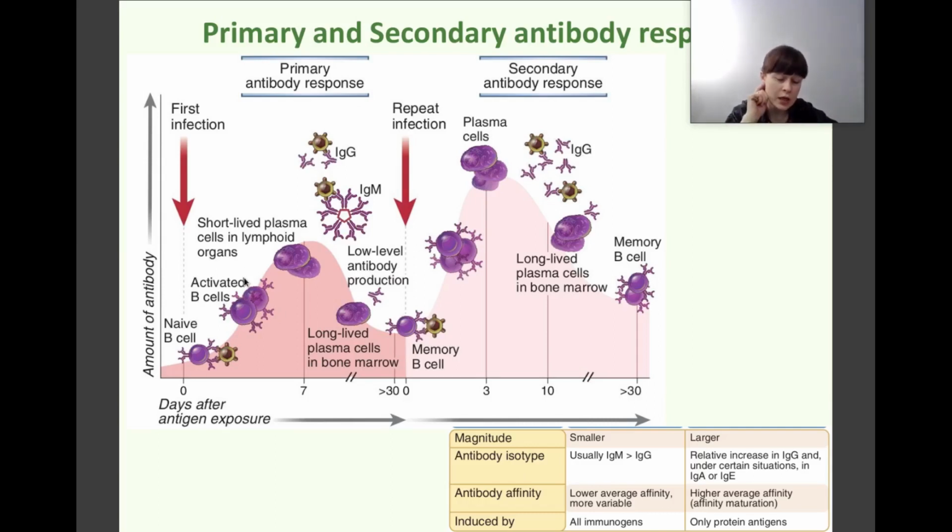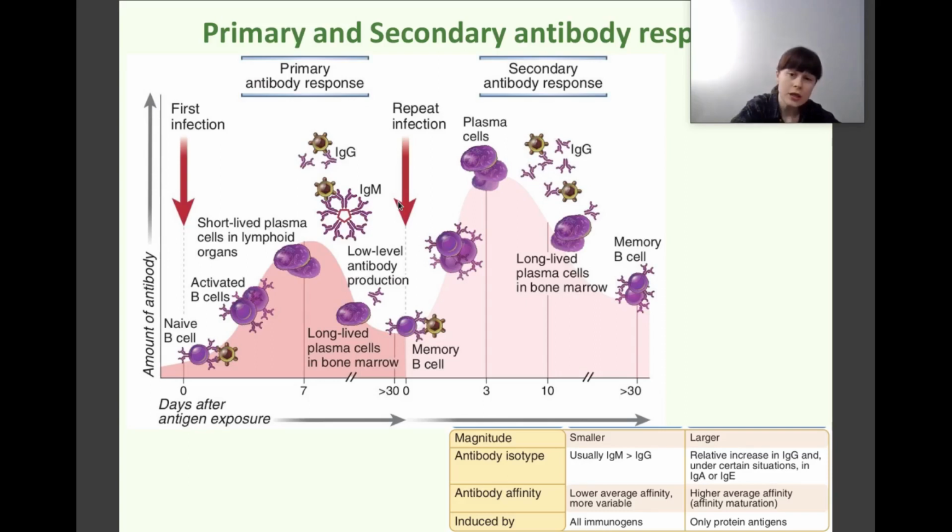The increase in antibody production is because of the large number of these plasma cells. The plateau phase can last almost 1 month, or 30 days, and the decline phase of antibody synthesis can last up to half a year.